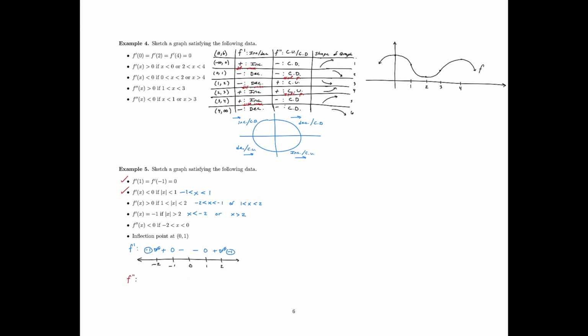All right, now here in the middle, we go from negative to negative. So it could be the case that we have something decreasing, then 0, and then decreasing again. We could have that.